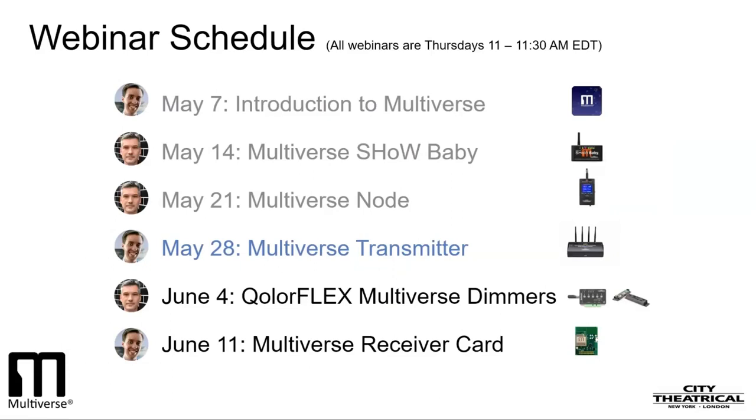In our second webinar on Multiverse Show Baby, besides describing setting up a basic point-to-point broadcast system, we discussed the radio technology that we use, frequency hopping spread spectrum. We also introduced the concept of show IDs and described basic best practices for wireless DMX and gave an introduction to RDM and City Theatrical's DMXcat.